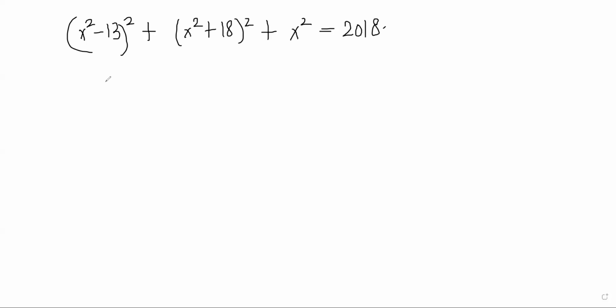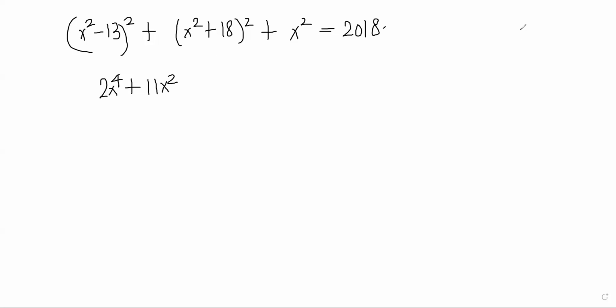So this will become a fourth degree equation. It will become 2x power 4. You will get a minus 26 x square here and a plus 36 here. So it will be plus 10 plus 1, so plus 11 x square, right? And 169, 324 and minus 2018, right?